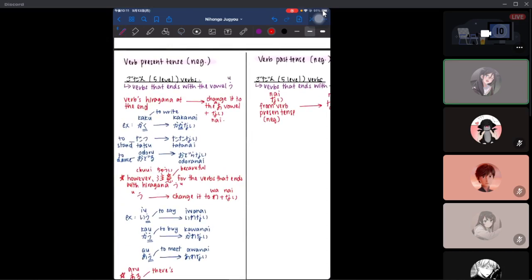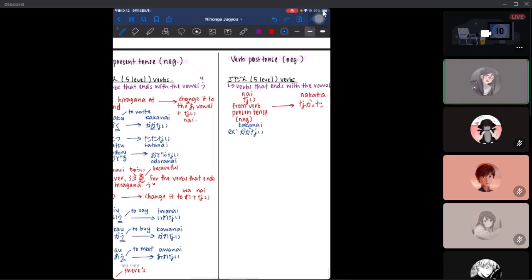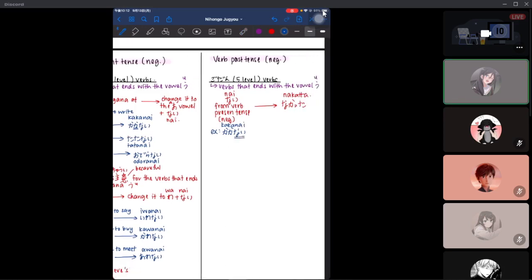The first example we'll see is over here. The verb negative for kaku is kakanai. This one is present tense negative. However, if you want to change it to past tense, you take the nai in kakanai and change it into nakatta.